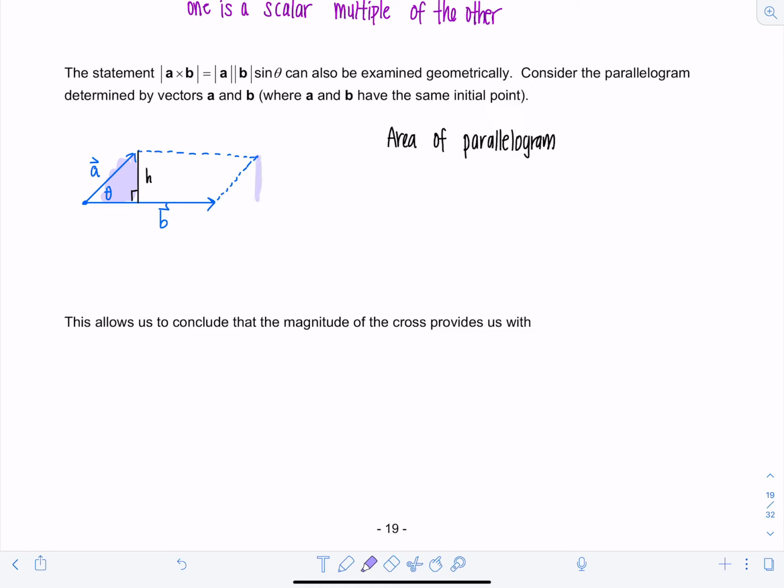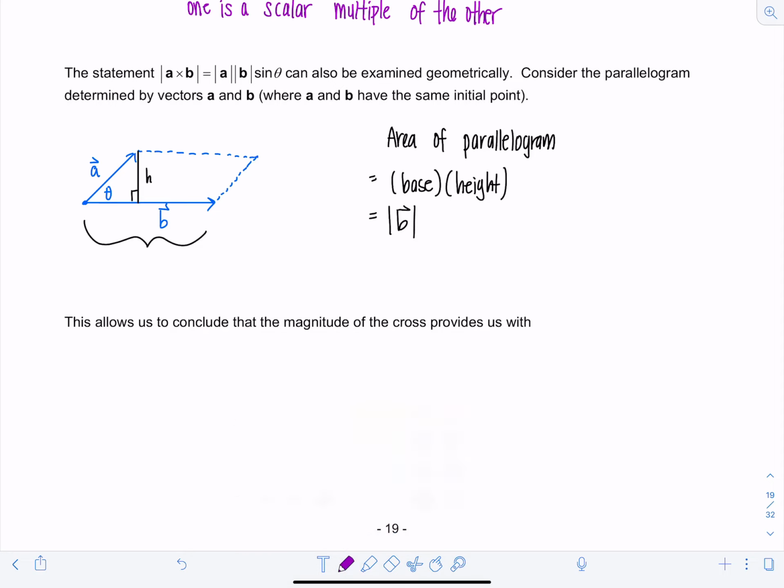So that's why the area of a parallelogram is just equal to the length of the base times its height. Okay, well, the length of the base, that's not hard. I know that's going to be the magnitude of vector B. What about the height? Oh no, what can we do?